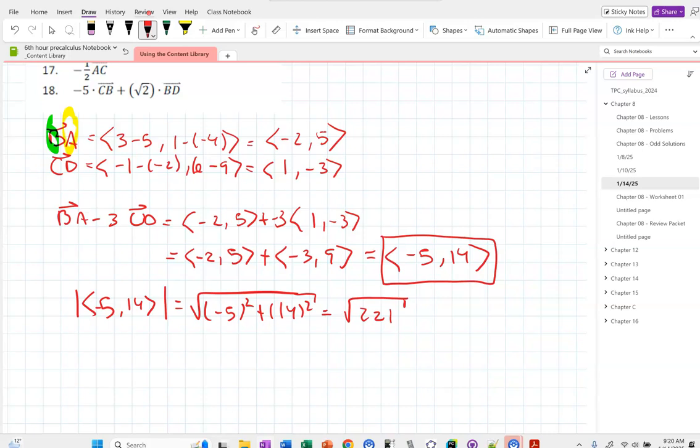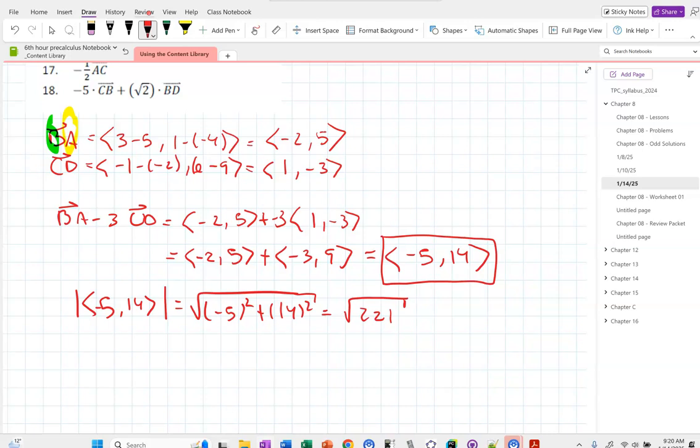That radical 221, it's not divisible by 3. I don't know. Is it an 11? It looks 11-ish. Nope. It's not 2, it's not 3, it's not 4, it's not 5, it's not 6. It can't be 7, because 200 isn't divisible by 7. Not 8.